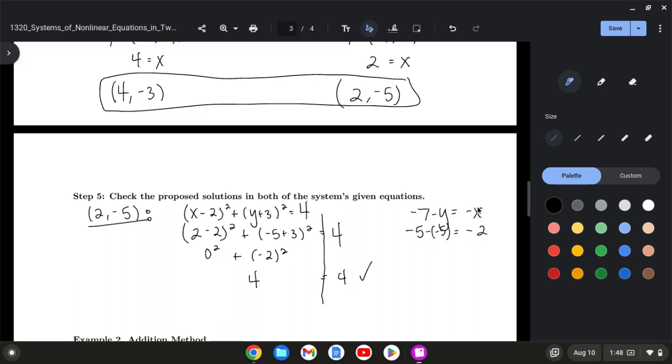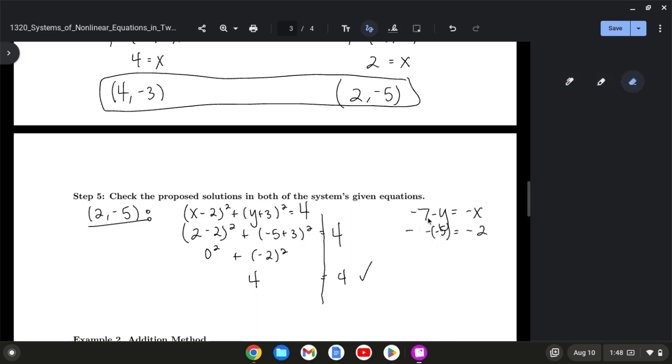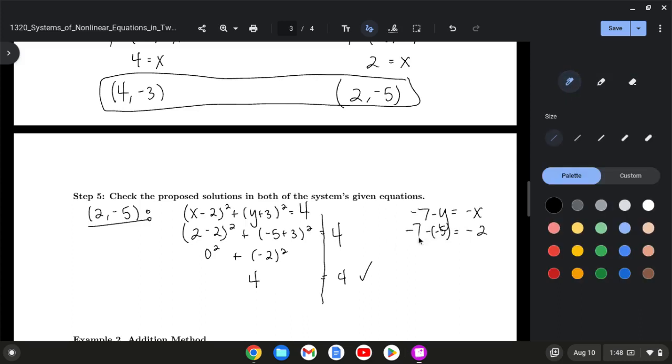And here we have negative 7 minus a negative 5. Well, minus a negative 5, that's going to become a positive 5. So negative 7 plus 5 is, in fact, negative 2. So that solution makes both of our equations true.